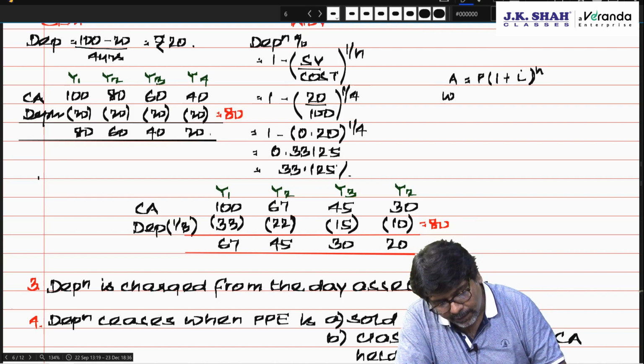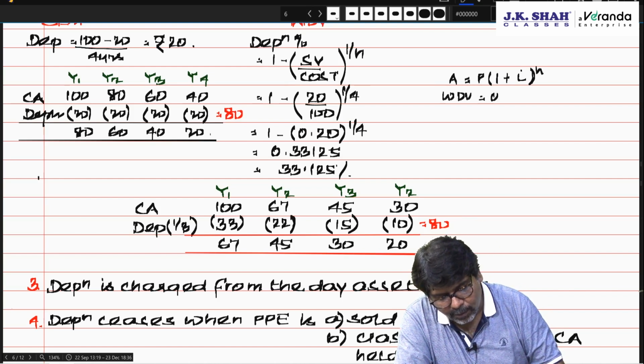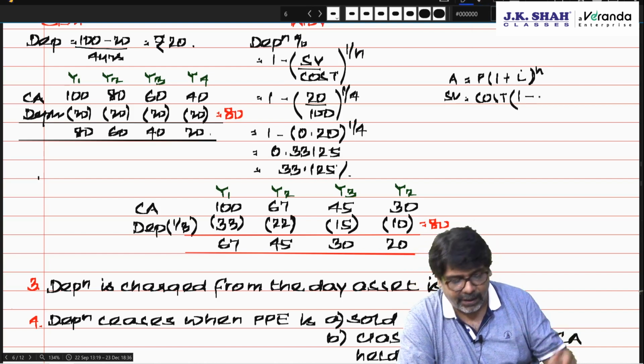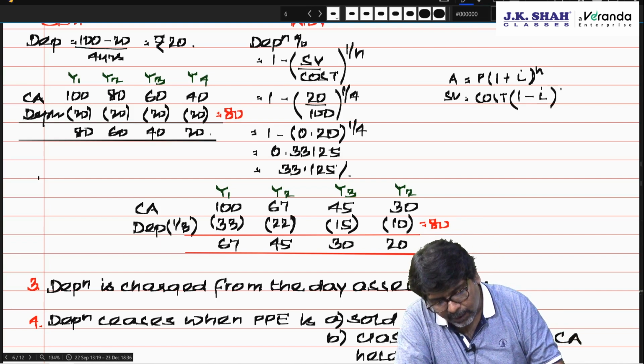This is WDV is equal to original cost, or I can say scrap value is equal to cost into 1 minus I, because the future value is decreasing, 1 minus I to the power n.